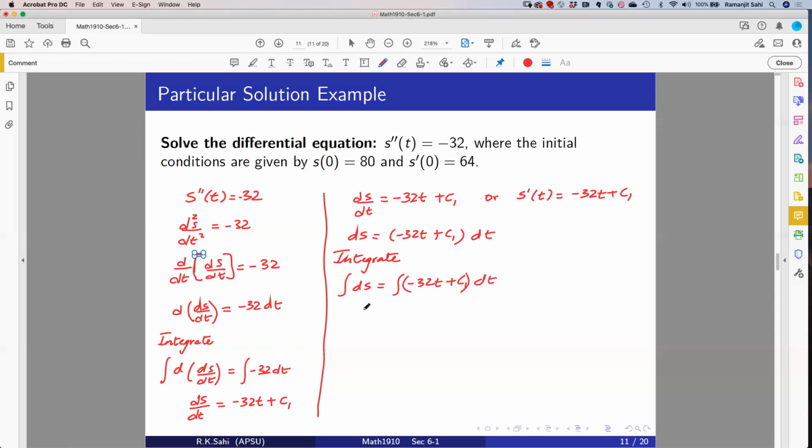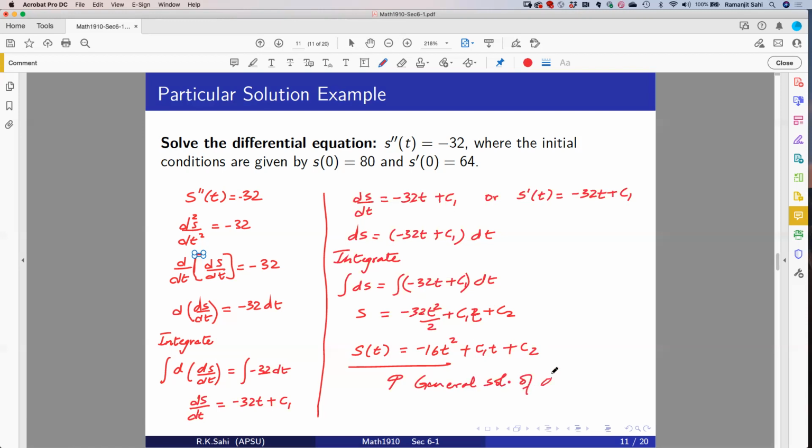Doing the integrals, this becomes -32t squared over 2 plus c1 t plus another constant, say c2. So s of t, because s is a function of t here, equals -16t squared plus c1 t plus c2.